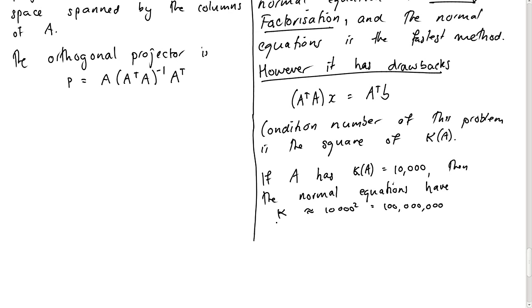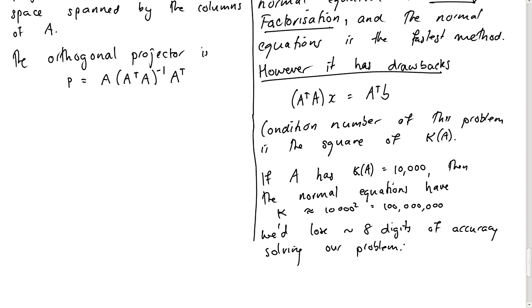Okay, so this would mean we'd lose about 8 digits of accuracy solving our problem. And that would not be good.